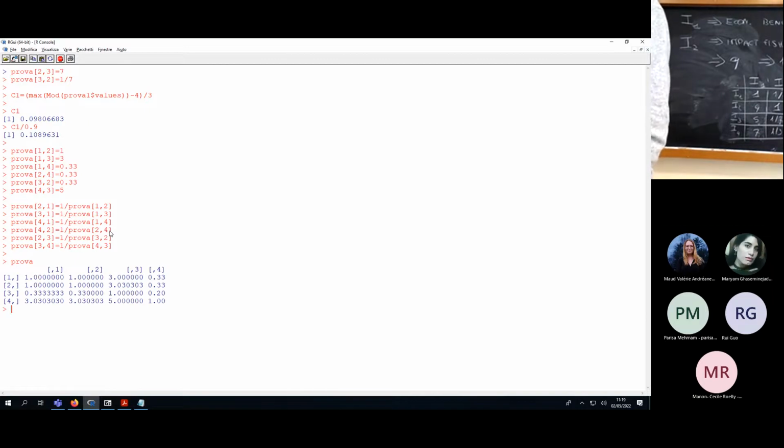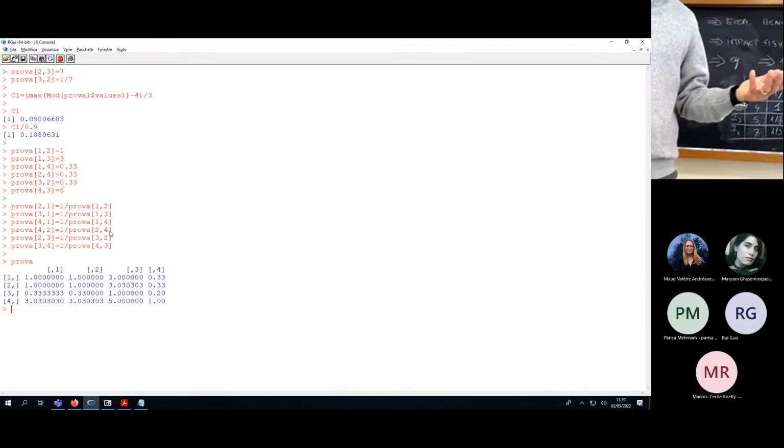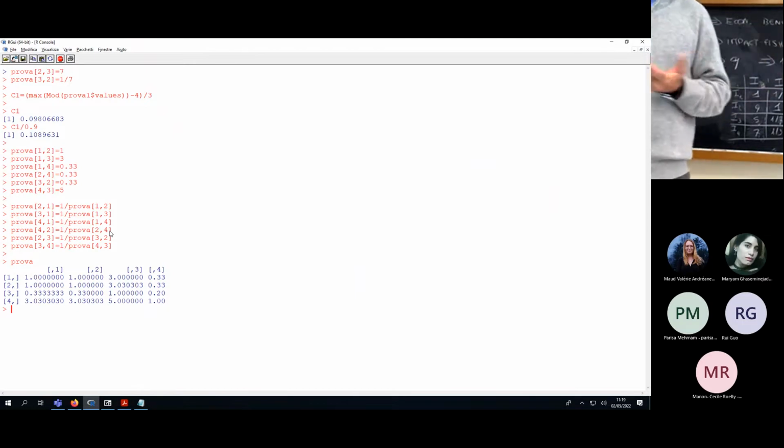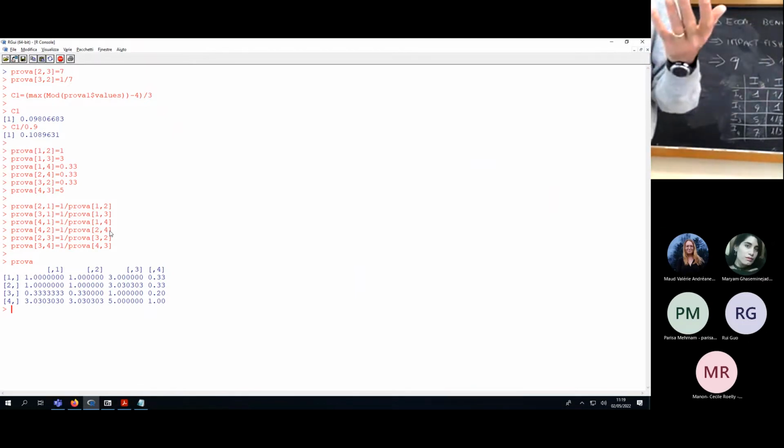So it is a matrix that gives the same importance to economic benefit and fishes. And it says that economic benefit is more important than the landscape and is less important with respect to the tourism.